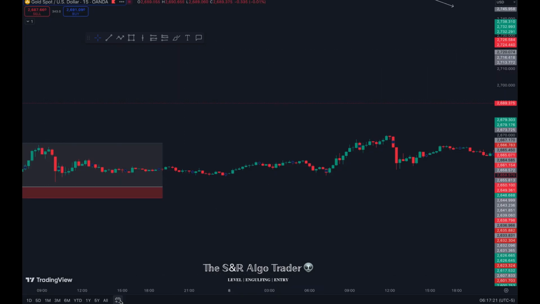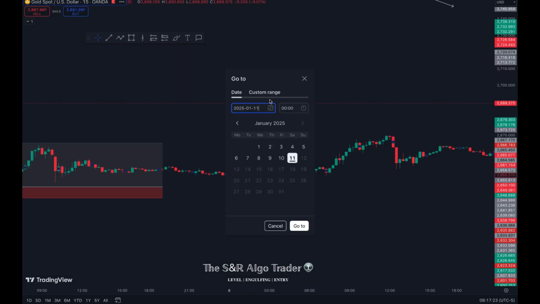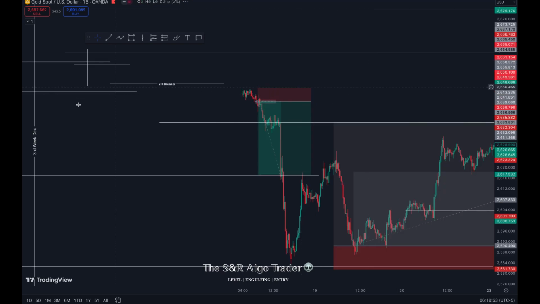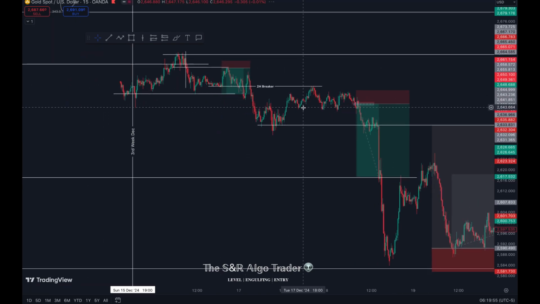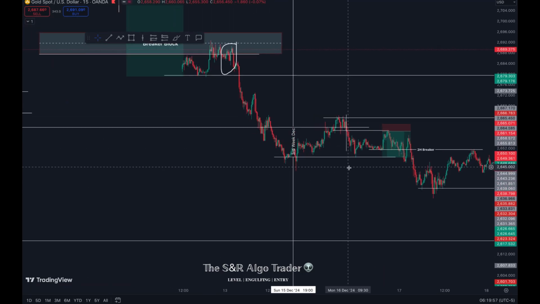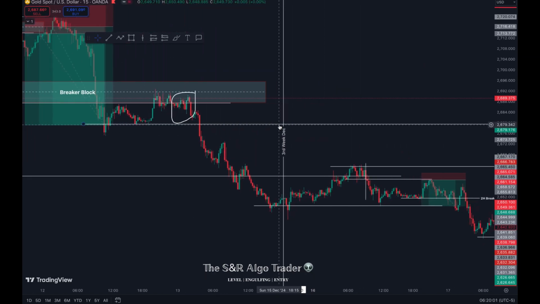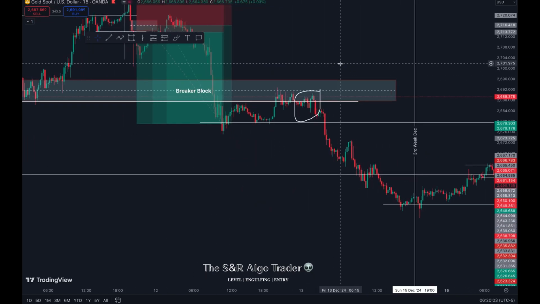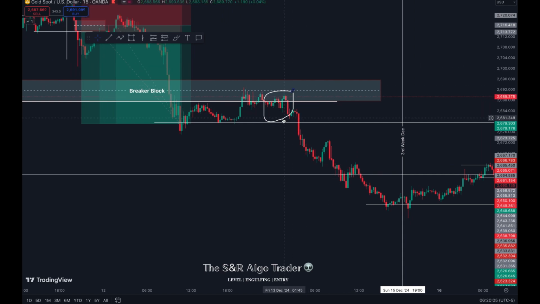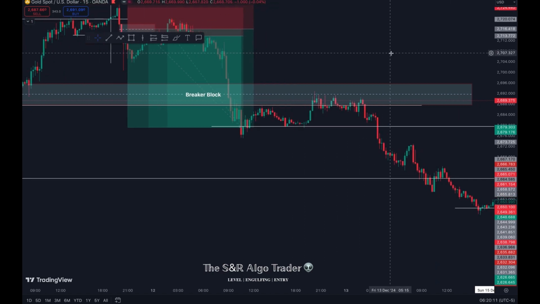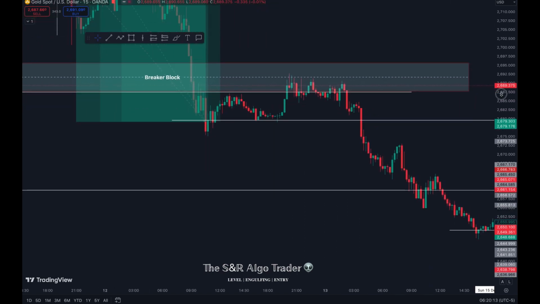So here it is. After price respected the breaker block, the buyers left the market, leaving the sell orders to trigger.